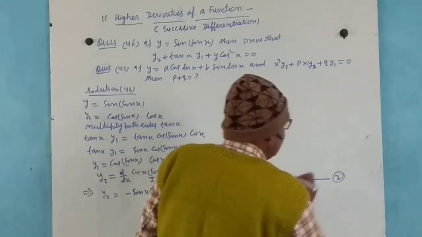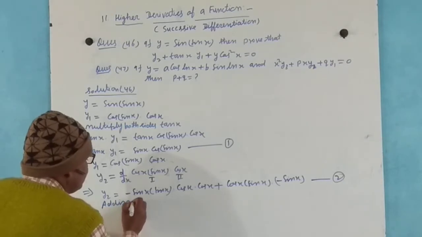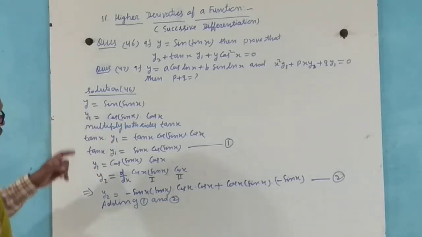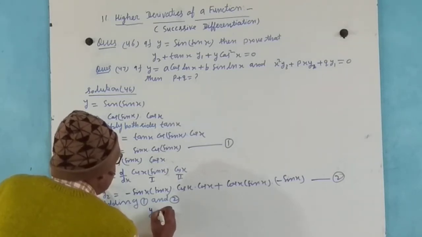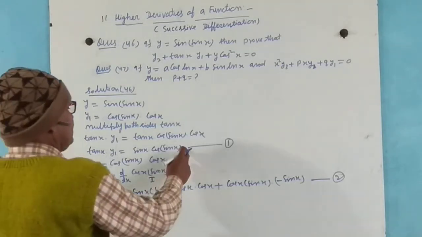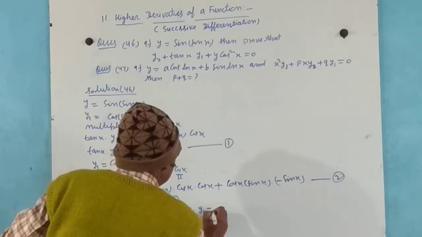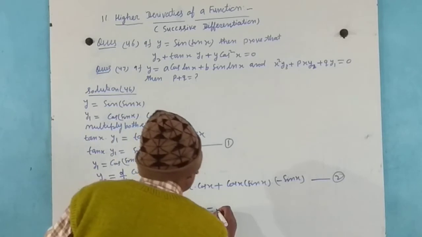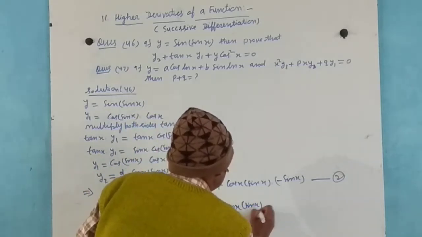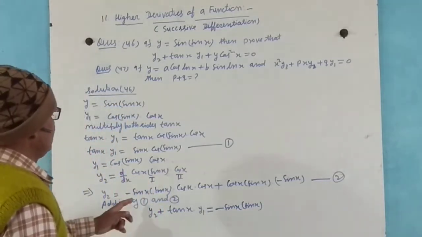Now this relation is the second; adding 1 and 2, y2 plus tan x y1 equals y2 here minus sin of sin x into cos square x.